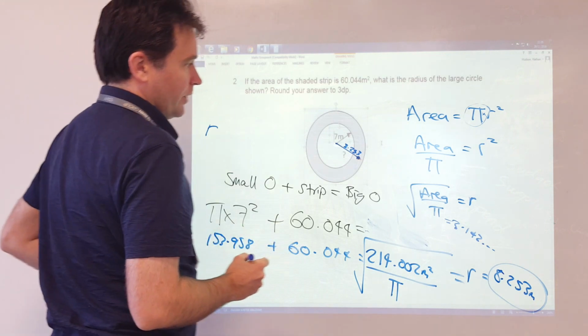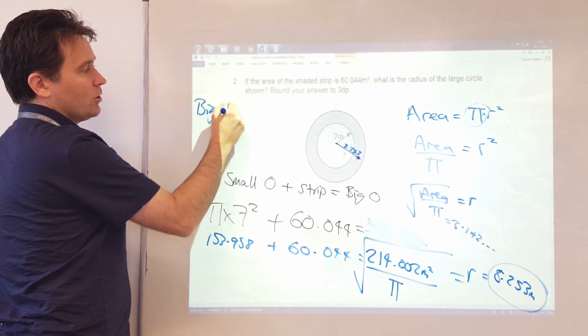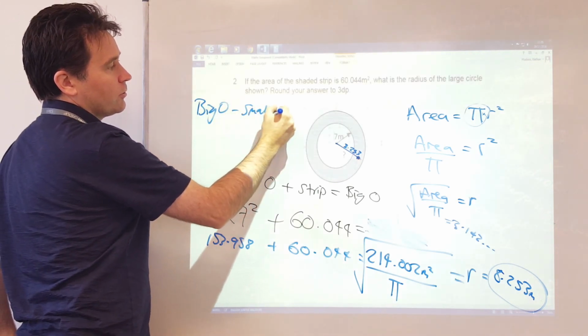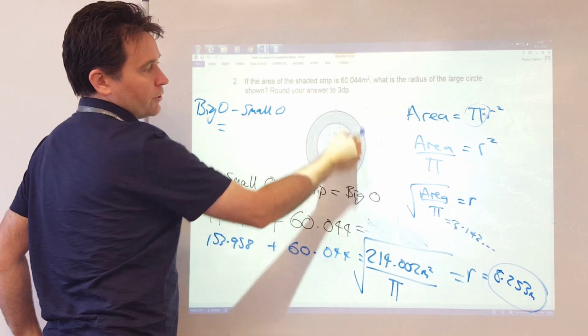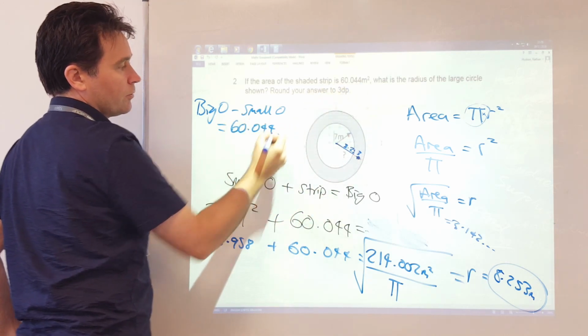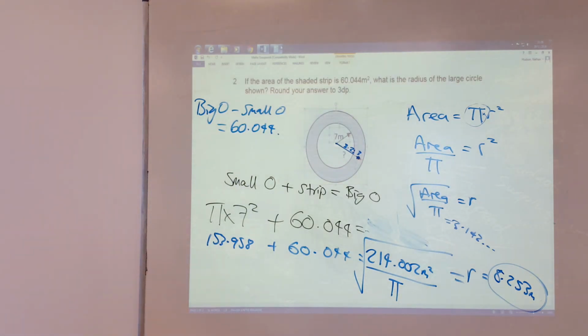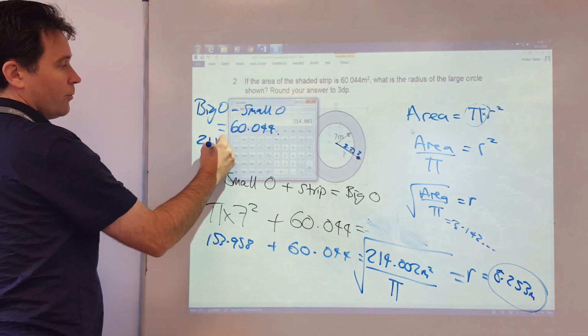Alright, to quickly check that, if we work out big circle minus small circle, that must equal this strip of 60.044. So big circle, pi r squared. So 8.253, if I square that and times it by pi, 214.002, which is what we've got before.